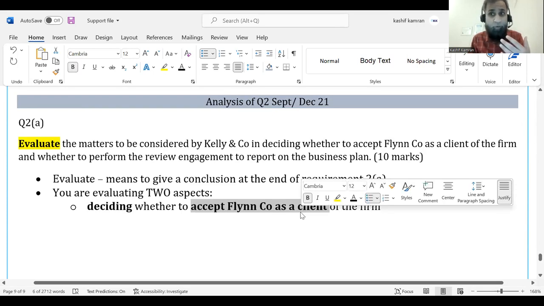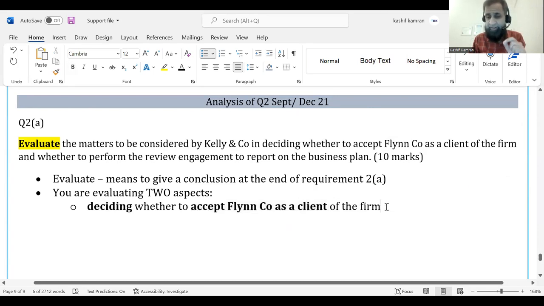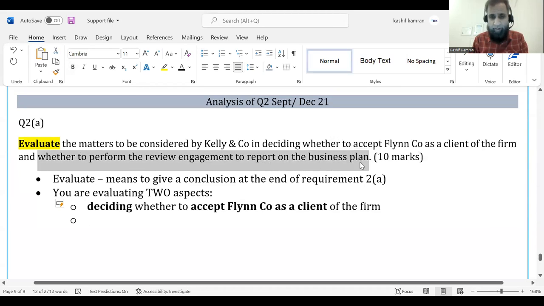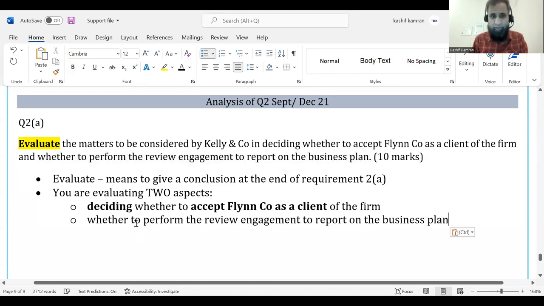So we have to conclude on that whether we are accepting it or not. If we conclude we are accepting Flynn as a client, then what is the second evaluation you have to do? Whether to perform the review engagement to report on the business plan, whether to perform a review engagement on the cash flow forecast. Control C, Control V. So two decisions to be taken.